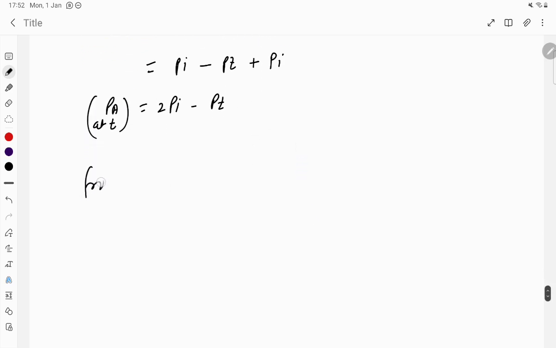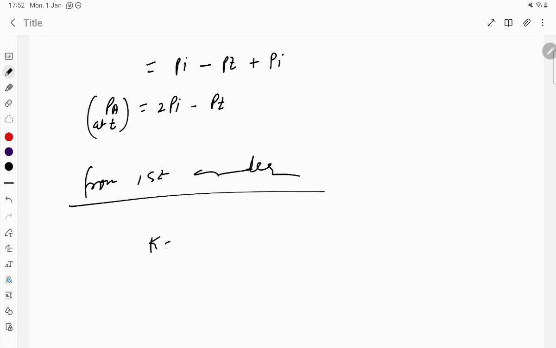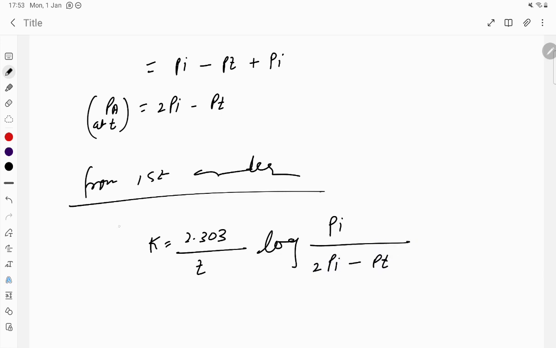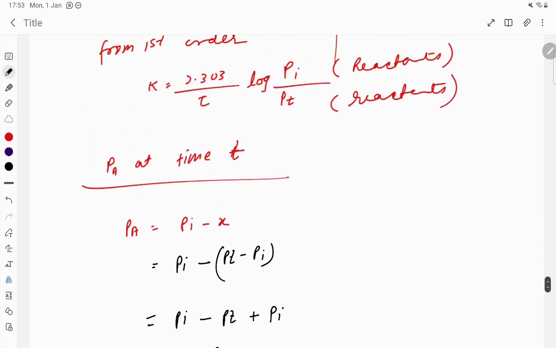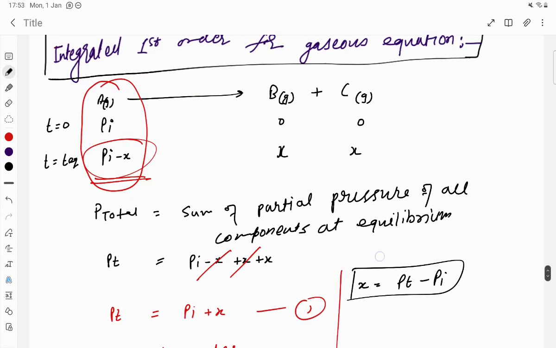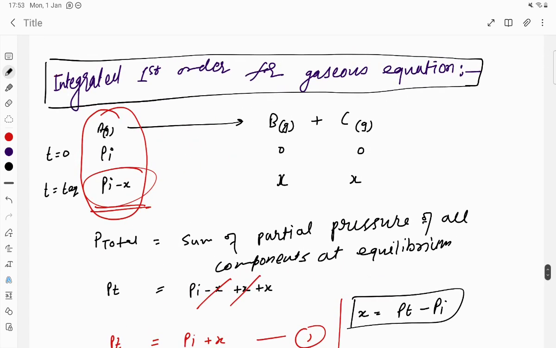So from first order you can write very easily: k is equal to 2.303 upon t log of initial pressure Pi over final pressure 2Pi minus Pt. This is the integrated equation of the first order gaseous reaction. This is very simple, you can easily do. Thank you very much for watching, students.